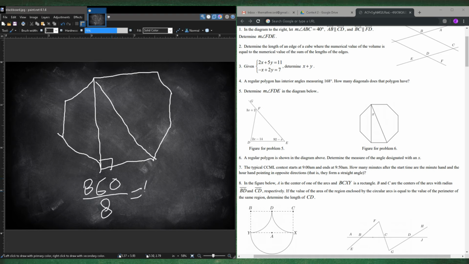So that gets 45. So the outside angle is 45 degrees, right? So the inside angle has to be 180 minus 45, which is 135 degrees. So the interior angle of an octagon is 135 degrees.